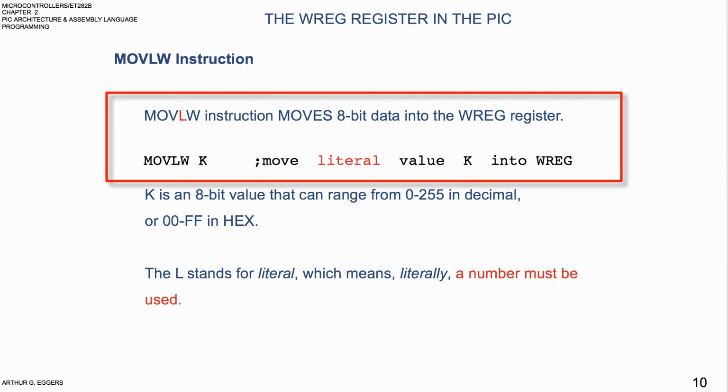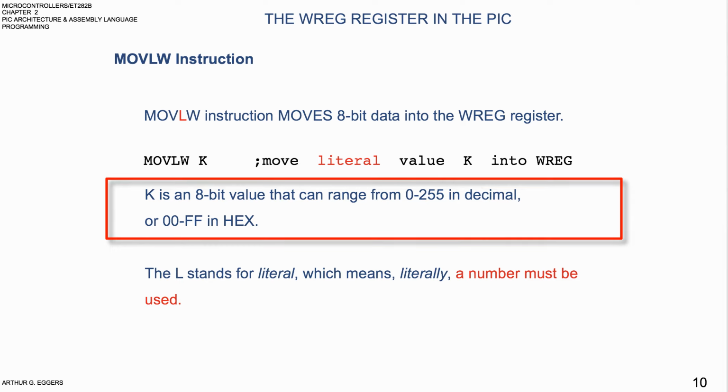So the first one we're going to look at is called the MOVLW instruction, and it's a move of a literal value, and the W stands for working register. Simply stated, the MOVLW instruction moves 8-bit data into the working register, and it has the following format: MOVLW K; move the literal value K into the working register.